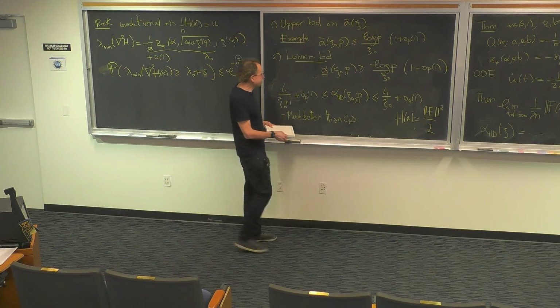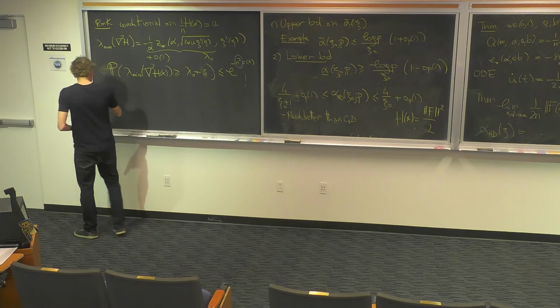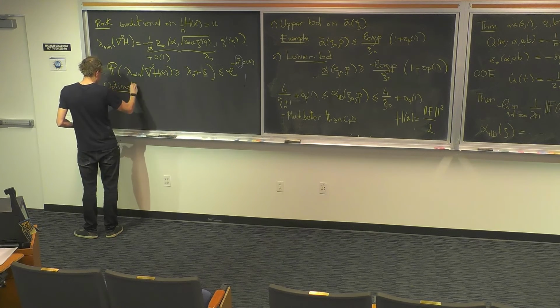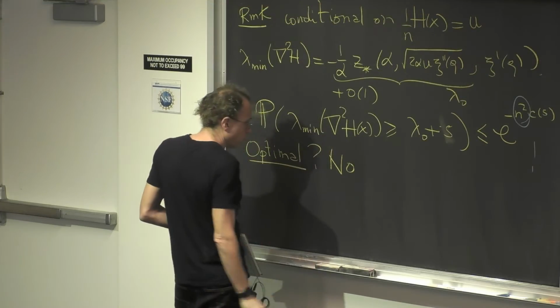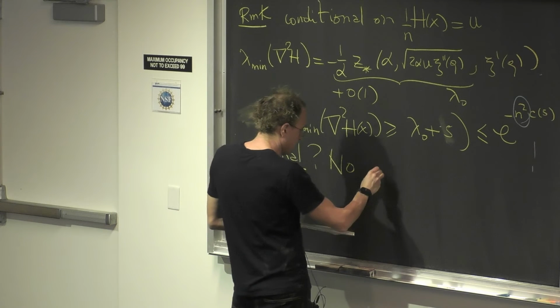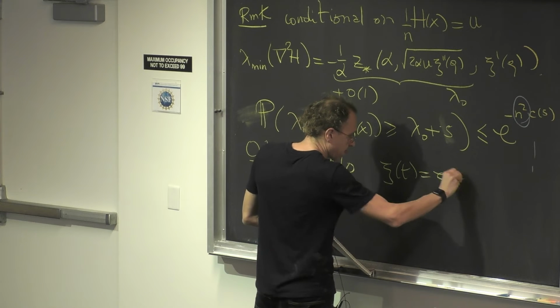Now, to Rachel's question, is this optimal? And the answer is no, because of the linear example. The linear case is just psi of t equals psi 0 plus t.